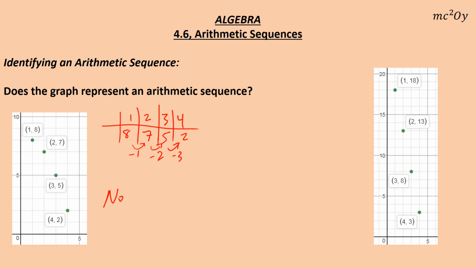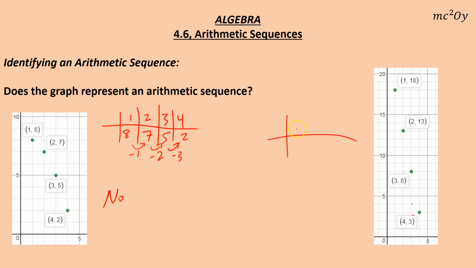Does this one? Well, looks like it does. It lies in a straight line. It appears that way. In fact, my slope, if I went down 5 and over 1, down 5 and over 1, down 5 and over 1, looks like it has the same slope even.